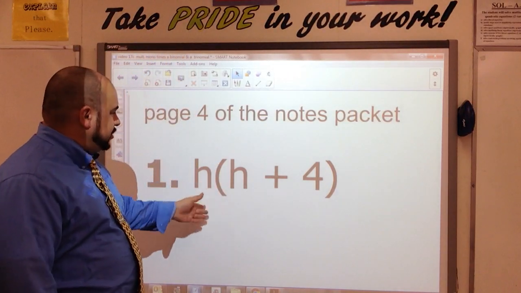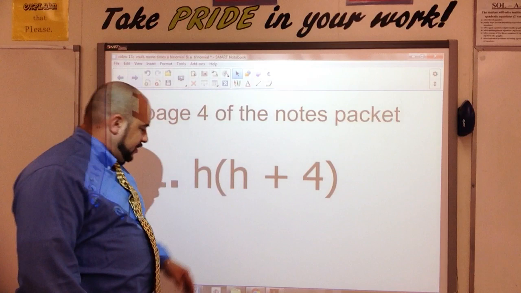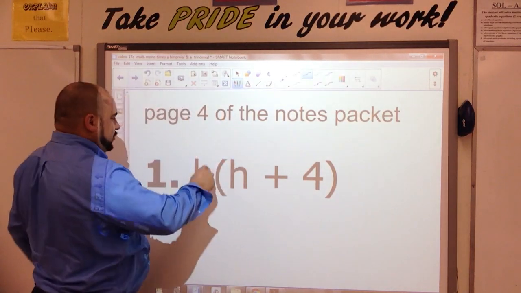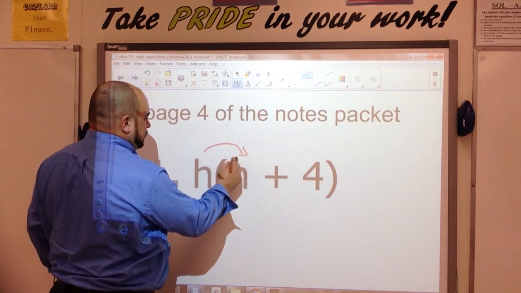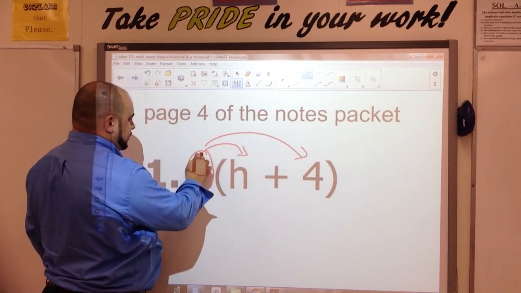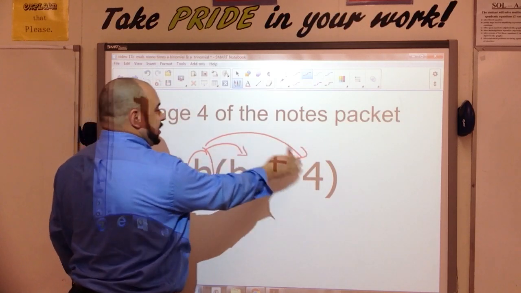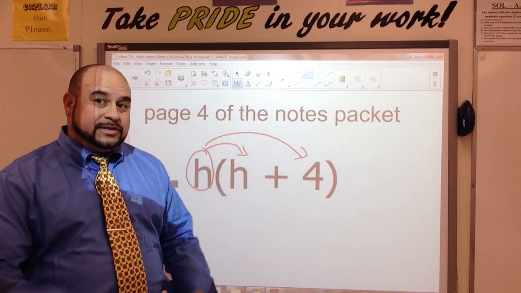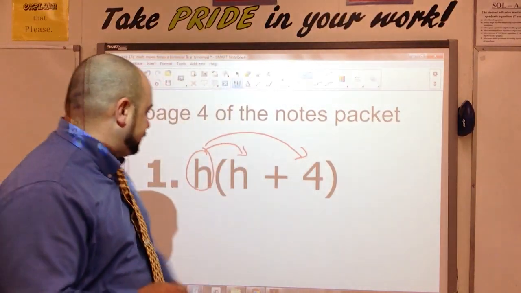It says h times h plus 4. The way I do this is I draw a little arrow to tell me that I'm multiplying what's on the outside to everything on the inside. Notice that word everything.